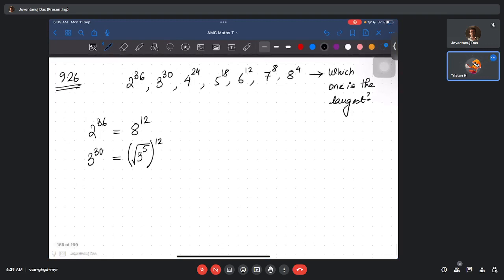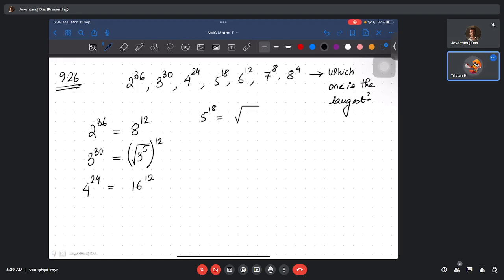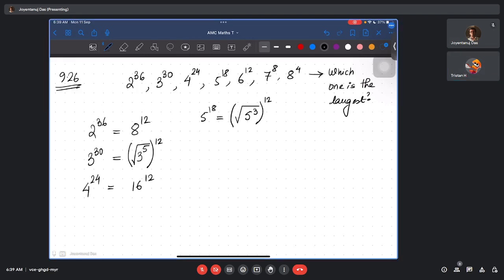Then 4 power 24 would be 16. For 5 power 18, it would be square root of 5 cubed. Then 6 power 12 would stay the same.